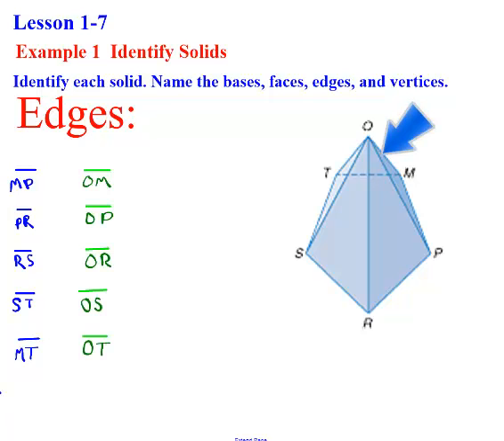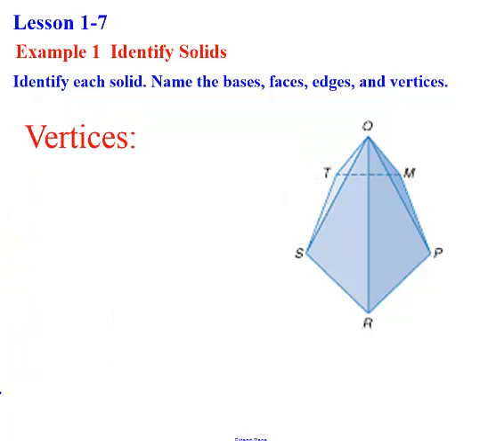I have line segment OM, line segment OP, line segment OR, line segment OS, and line segment OT. And finally we have the vertices, which is just all the corners and points. So around the pentagon I have M, P, R, S, and T, and then they come to a point O. So my last one's O.